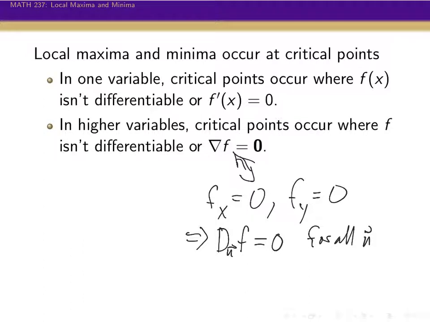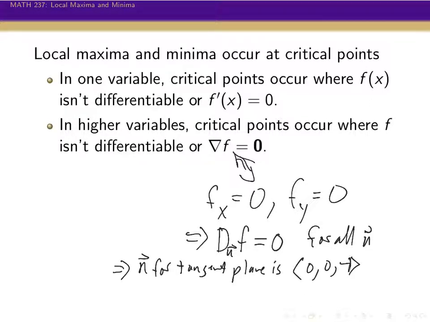And what that also means is that since the value of these partials get tied into the normal vector to the tangent plane, if both of those are equal to 0, that means that the normal for the tangent plane is going to look like 0, 0, minus 1. And if it's 0, 0, minus 1, that means that the normal is pointing straight down.